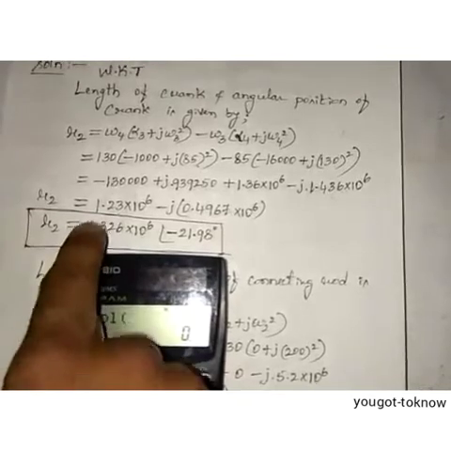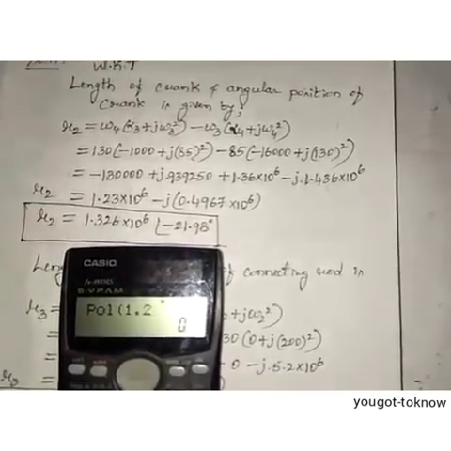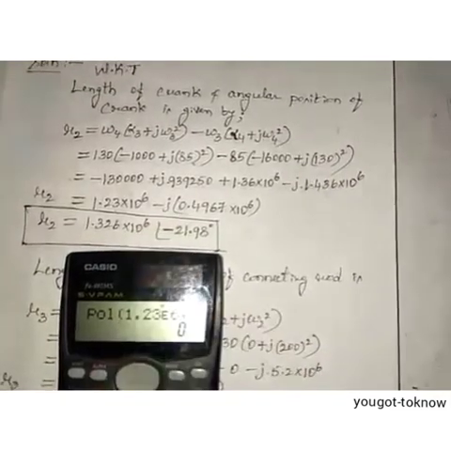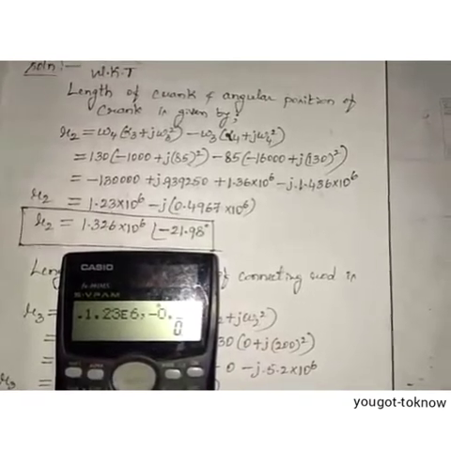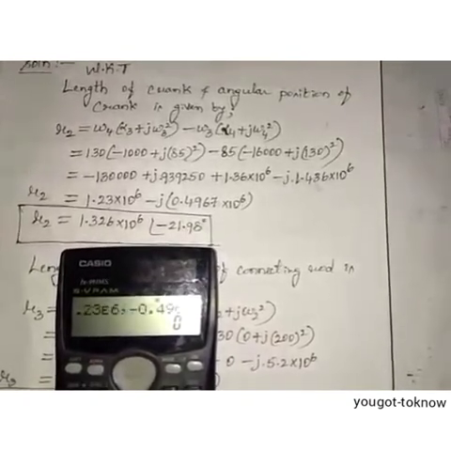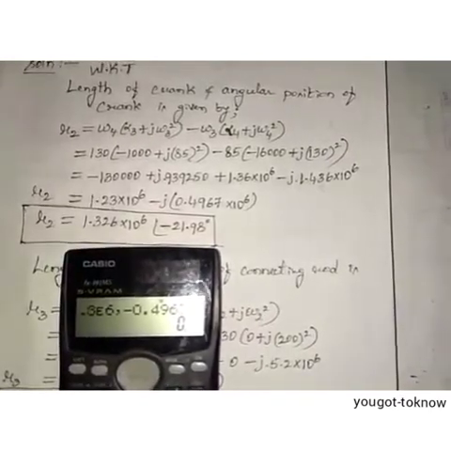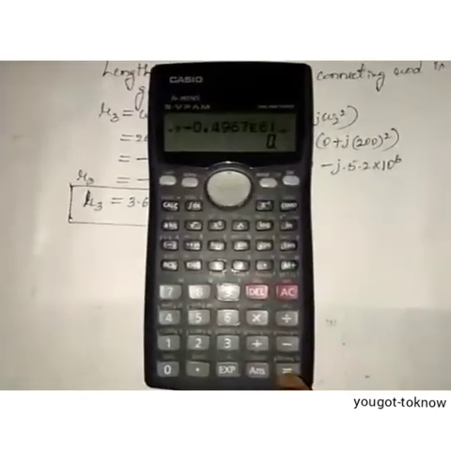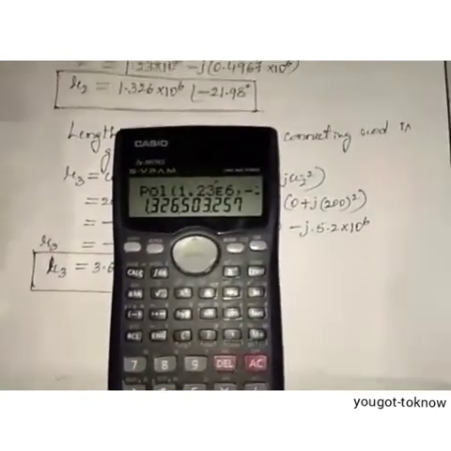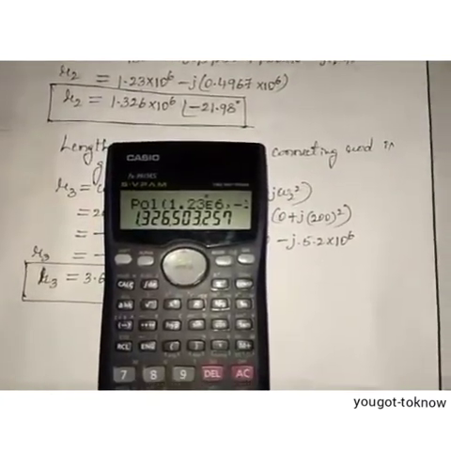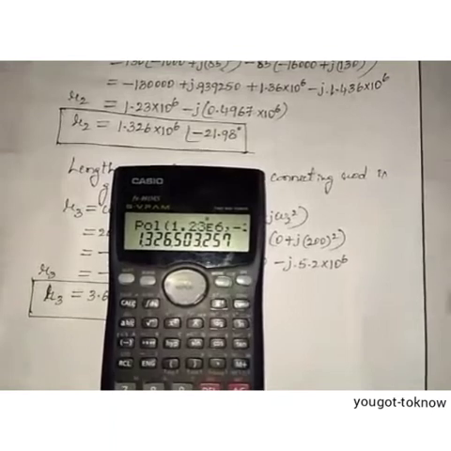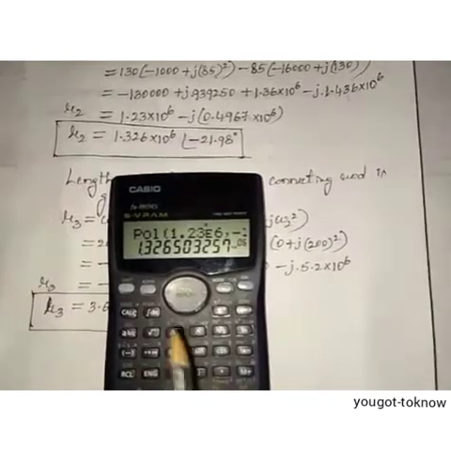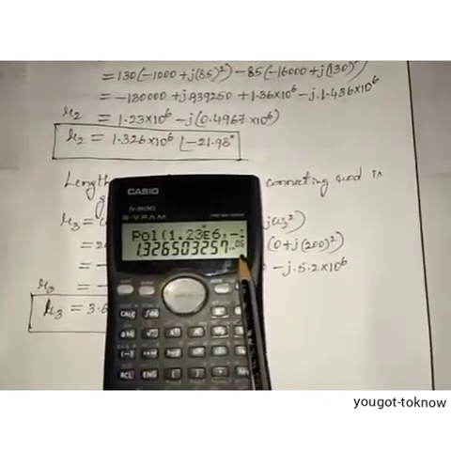So type 1.23 e power 6 comma negative sign minus 0.4967 e power 6, close the bracket, then press the button equal, then we can get the length of link 2, that is 1.326 10 power 6.